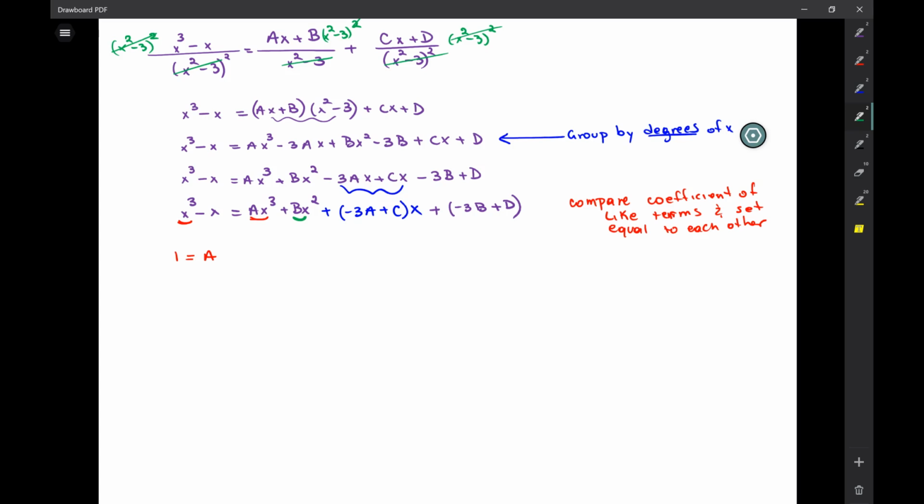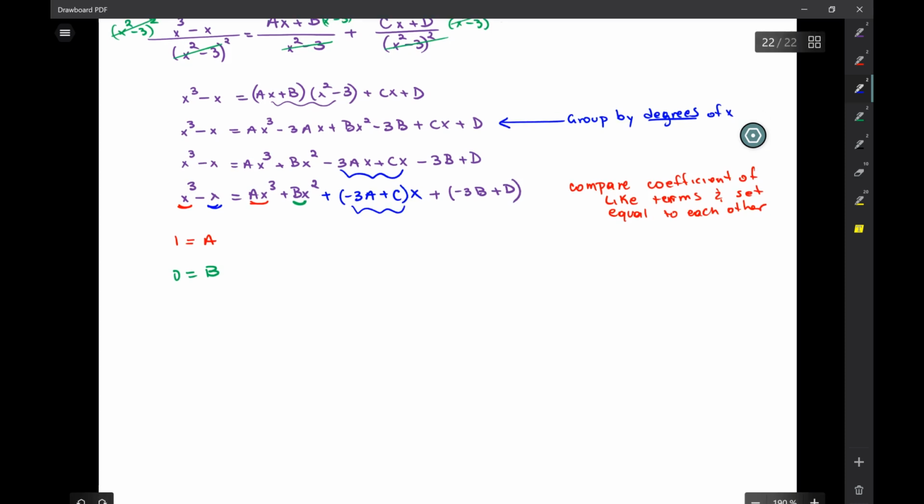It must mean that its coefficient is 0. So there was a 0x squared, which we are omitting. So 0 equals b. Okay, what about c? Coefficient on the left is negative 1 for the x. Coefficient here is that. So I say negative 1 equals negative 3a plus c.